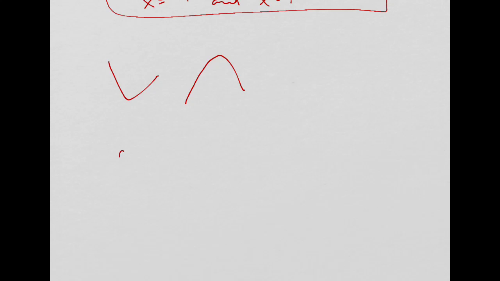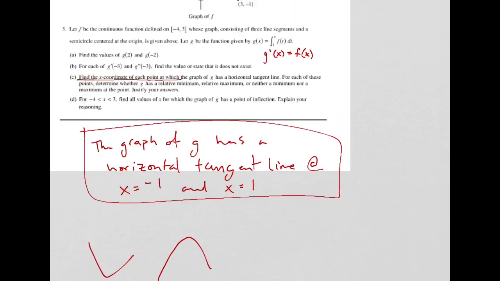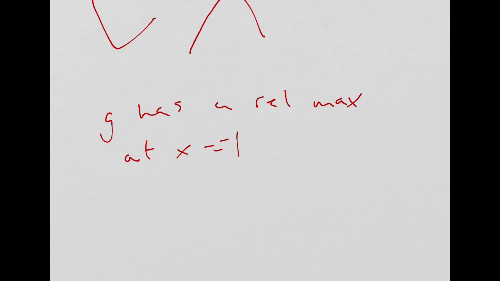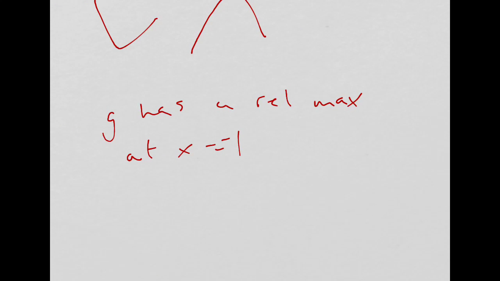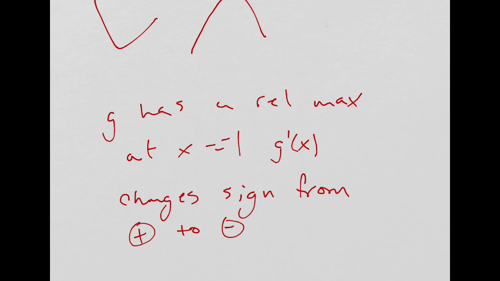I would say G has a relative max at x equals -1, because G prime of x changes sign from positive to negative at x equals -1.